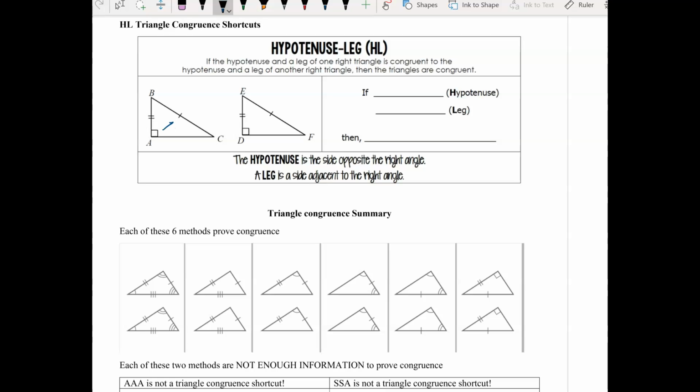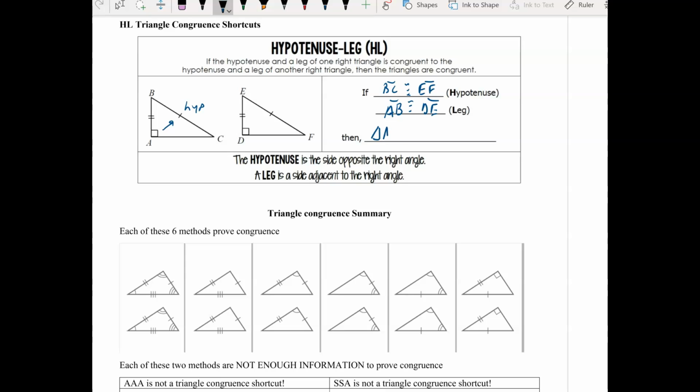Remember, across from the right angle, that's always the hypotenuse. And the sides that are next to the right angle are called the legs. So what we say is if the hypotenuse, in this case segment BC, is congruent to segment EF, and a leg, in this case segment AB, is congruent to segment DE, then we can say the triangles are congruent.